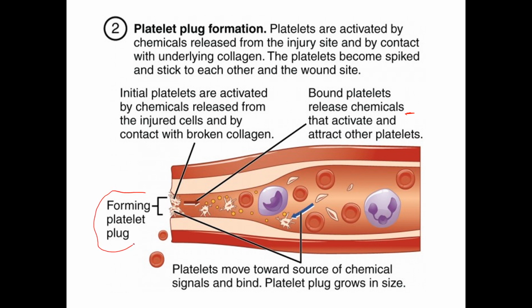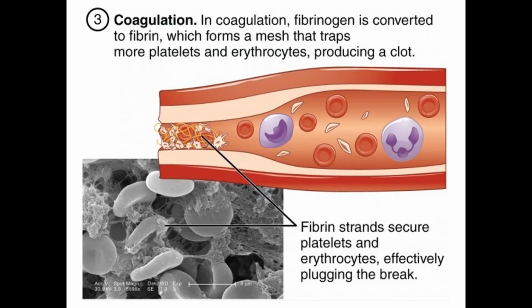But usually, the platelet plug is not strong enough to keep that wound from opening up again, and so it needs to be reinforced. That reinforcement happens with fibrin. We're not going to go through the details here into how fibrin gets activated from its inactive form, which is fibrinogen.